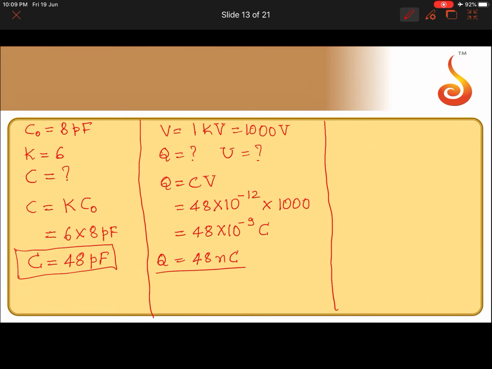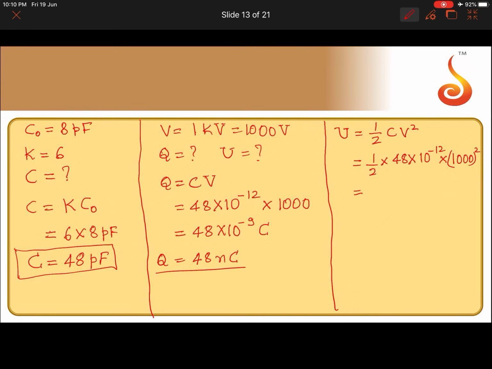Now, you are supposed to calculate energy stored in the capacitor. Energy is half CV square, that is equal to half, C is 48 picofarad, 10 to the power minus 12, into V square, that is 1000 square. So, 1000 square will be 10 to the power 6.